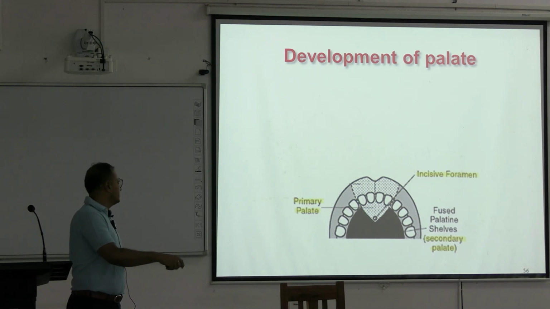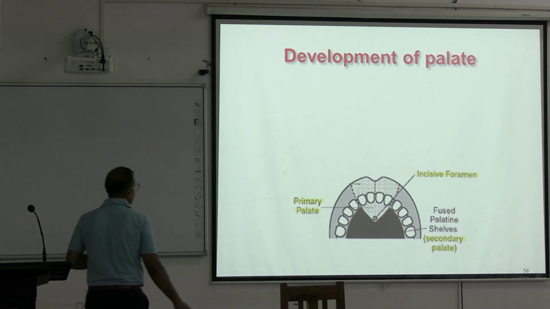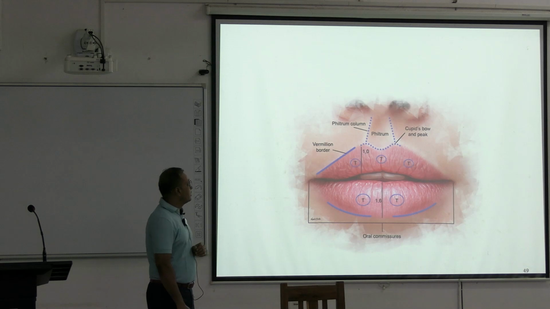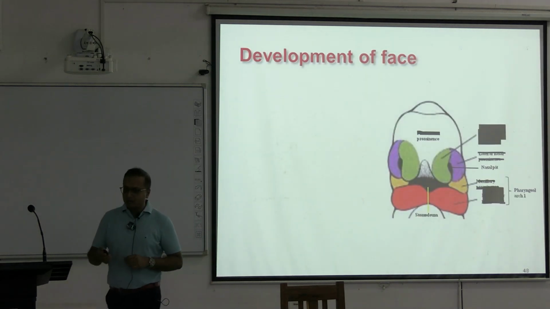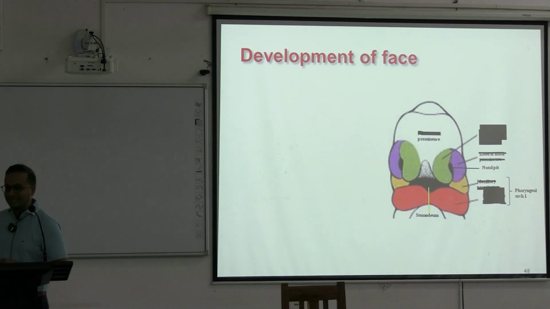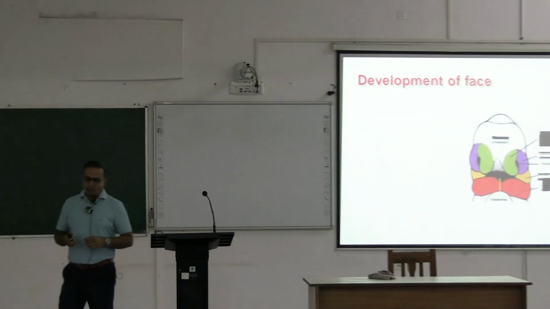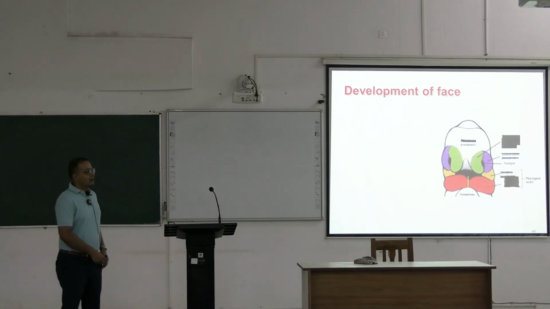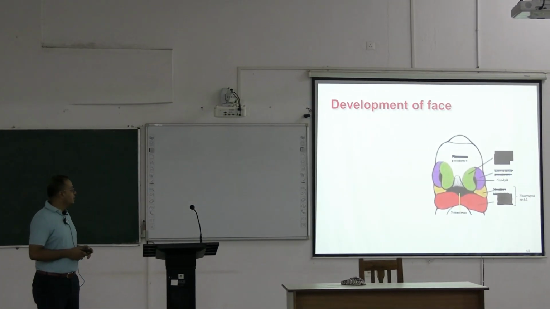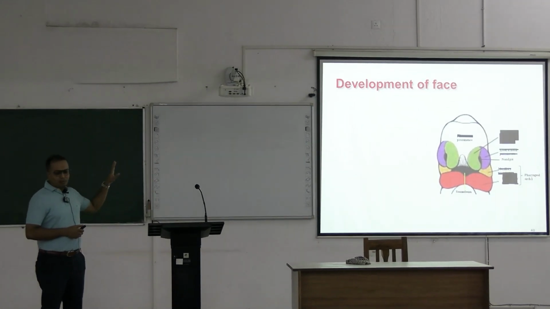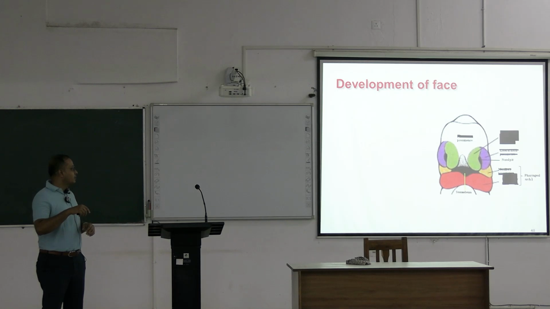So this is the reason for what we are going to study here. We are going to study the development of the face. Now the story of the development of the face is complex. We do not want to make things look ugly, but we have to understand the basic three principles of the development of the face. And in it, we are going to talk about the developmental lip.